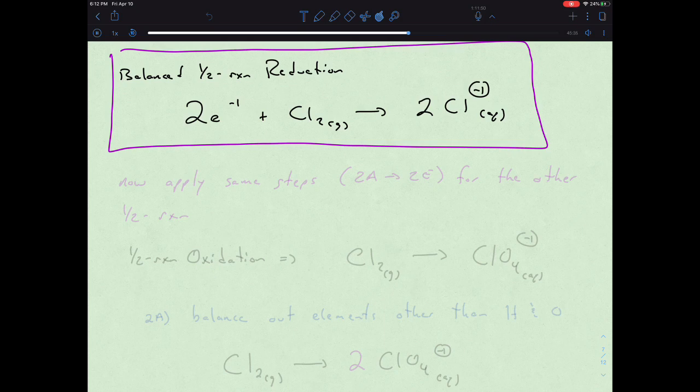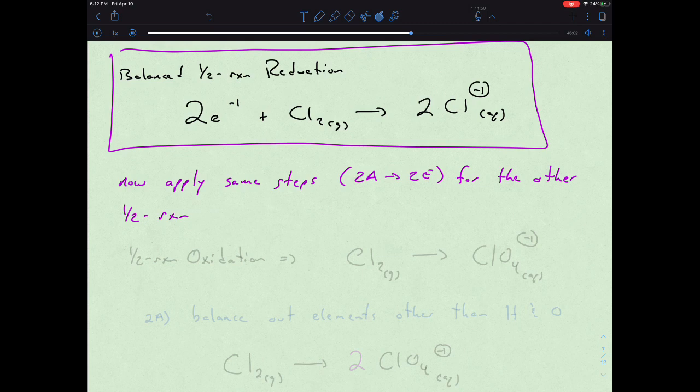So here now we want to basically apply the same steps, namely 2A through 2E, for the other half reaction.